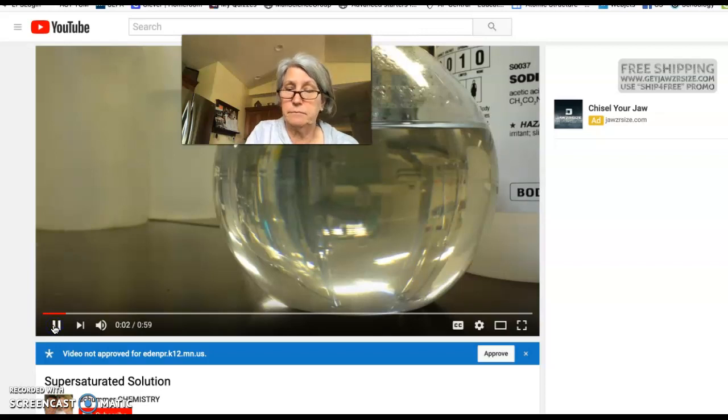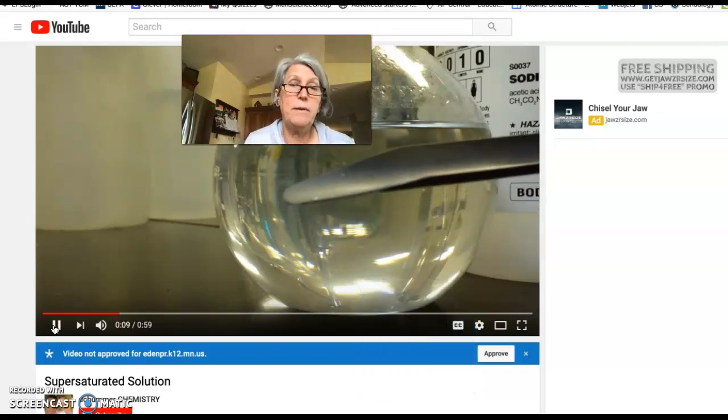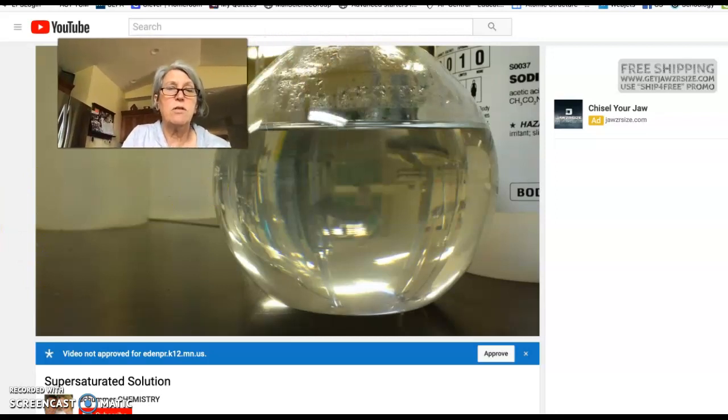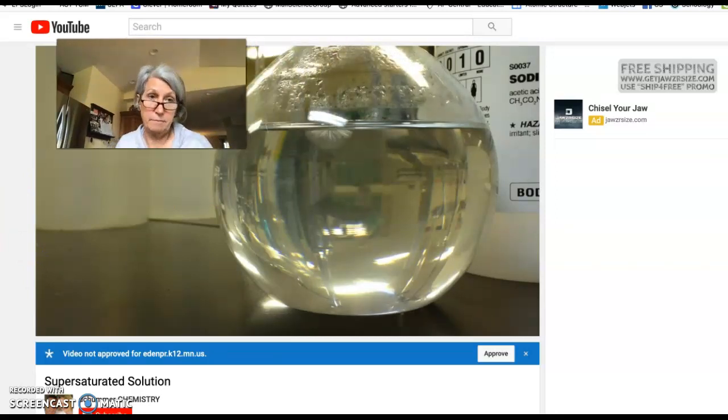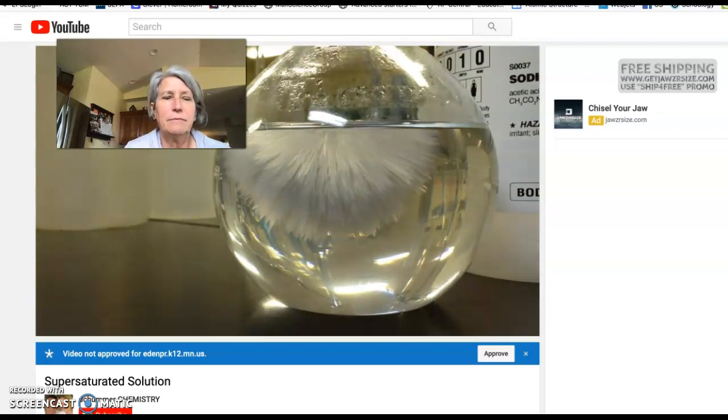Just really quick, I'm going to add one tiny seed crystal. I'm not sure if you can see it on the tip of that. So he's adding just a little bit to his supersaturated solution of sodium acetate. And we will see it go from a supersaturated state to a saturated state in just a few seconds. Isn't that cool?